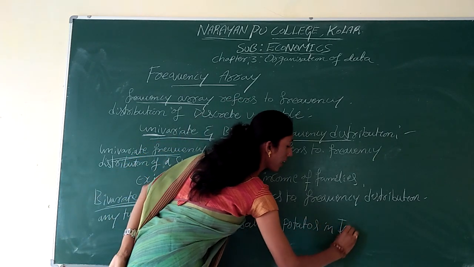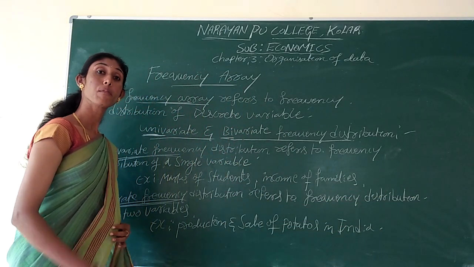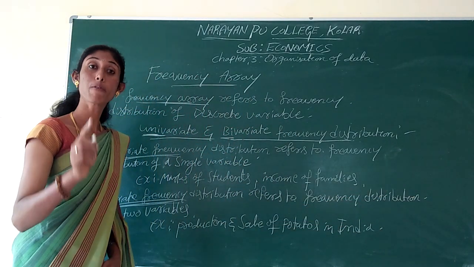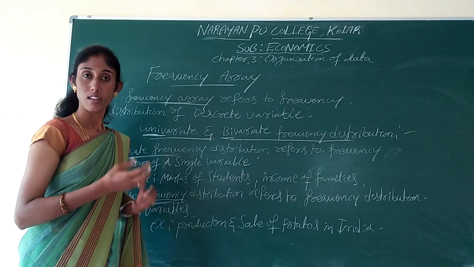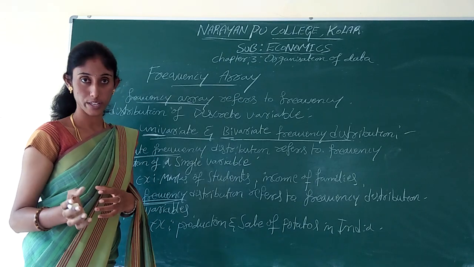Or else income and expenditure of families. Income is one variable and expenditure is another variable.